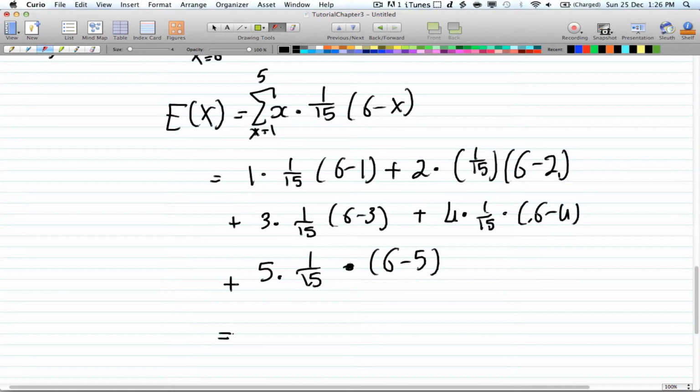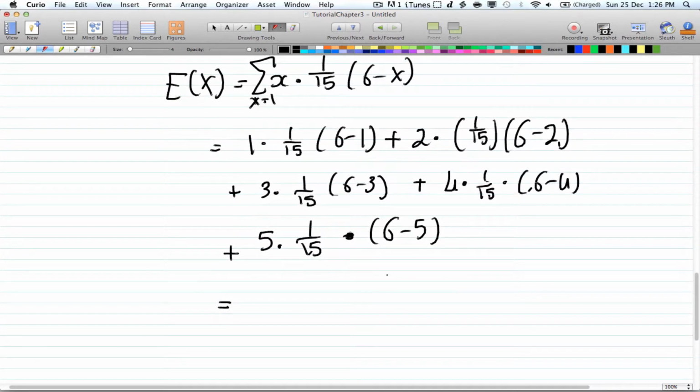And that will give you, alright, just let me calculate this. Alright, and that will give you 2.33333. And that is how you find the expected value of x.